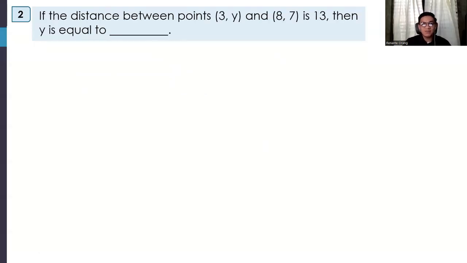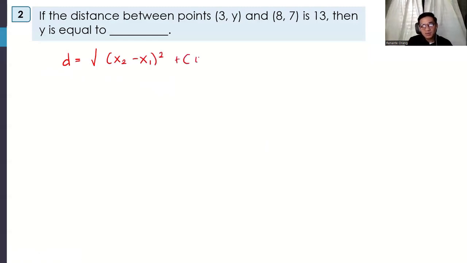Number 2: if the distance between points (3, y) and (8, 7) is 13, then y is equivalent to? For this one, class, we will use the distance formula. We have d is equivalent to the square root of (x sub 2 minus x sub 1) squared plus (y sub 2 minus y sub 1) squared.